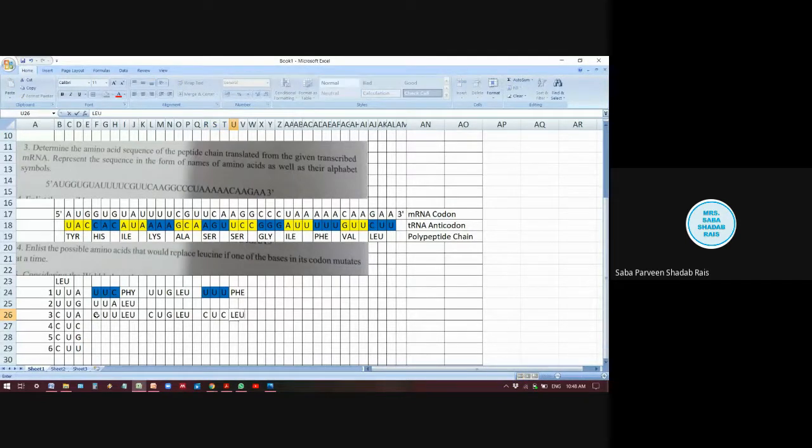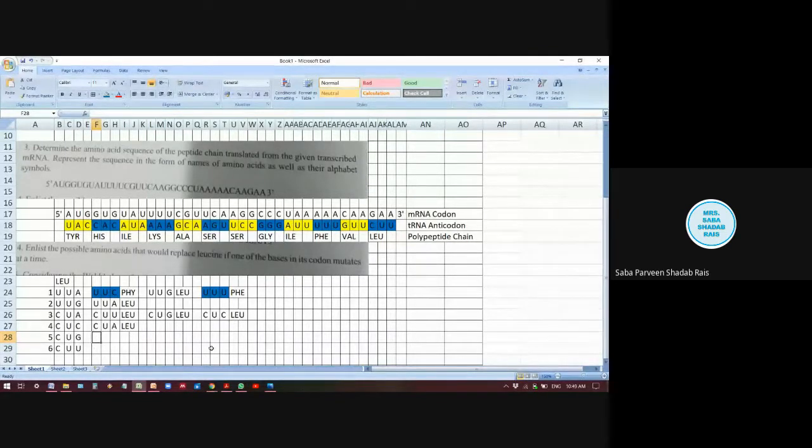So there will not be any type of mutation. Come to the CUC. So here if CUA will come, what will it be? It is going to be the leucine only. We have solved all the remaining ones, right? So no need to solve again. Then CUU. Come on, tell me. We have solved all this, CUU, CUG, so no need to solve all that.